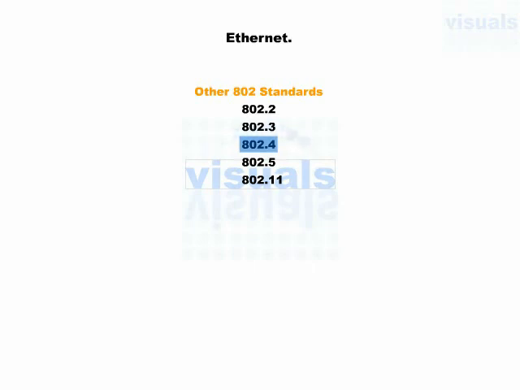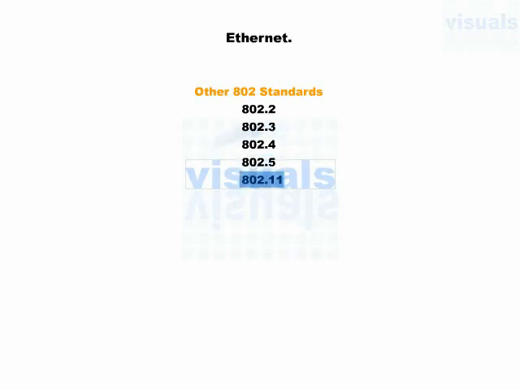FDDI transmits data in local area network. After that, 802.5. IEEE 802.5 standard describes ring topology. This standard is also referred to as token ring.